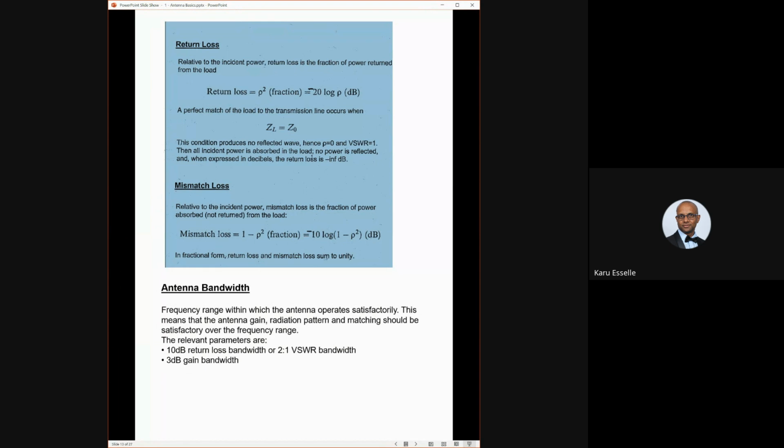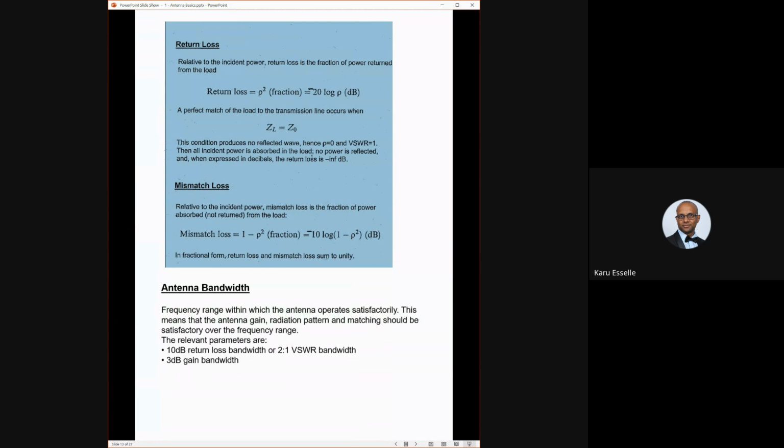The way we define gain bandwidth is you mention a particular gain variation. For example, 3 dB gain bandwidth means the gain does not change by more than 3 dB within this bandwidth. Suppose the maximum gain is 10 dBi, then within this 3 dB gain bandwidth, the gain of the antenna is always greater than 10 minus 3, that is 7 dBi.